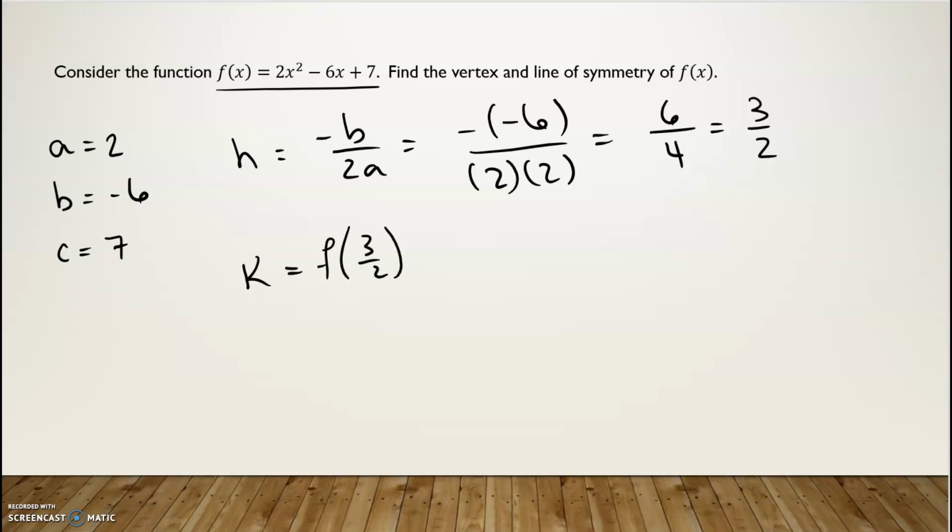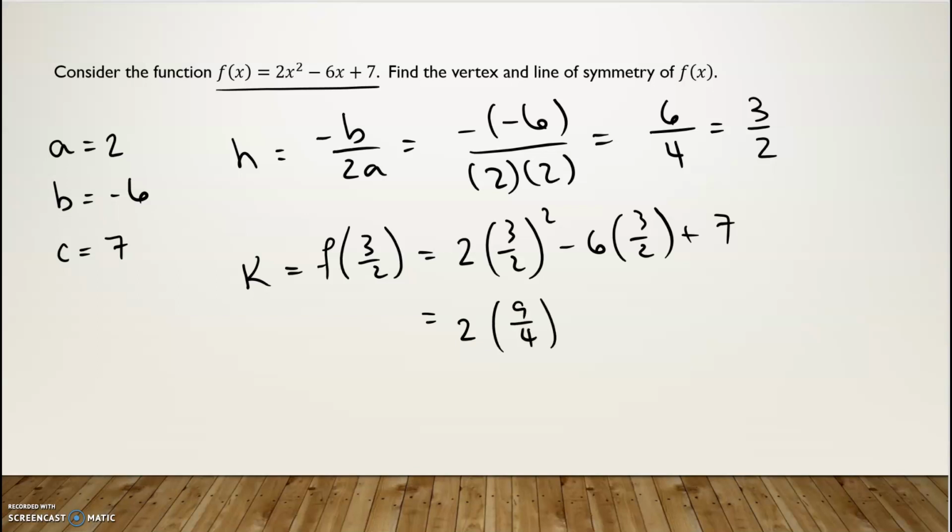So 3 over 2. So this will be 2 times 3 over 2 squared minus 6 times 3 over 2 plus 7. So this will be 2 times 9 over 4 minus, cancel 2 here, and here I'm left with a 3. 3 times 3 is 9 plus 7. Cancel a 2 here, and here I'm left with a 2.